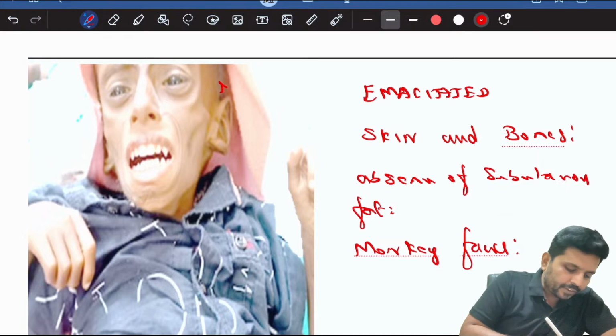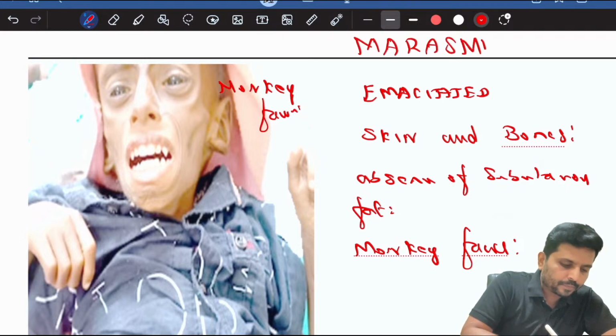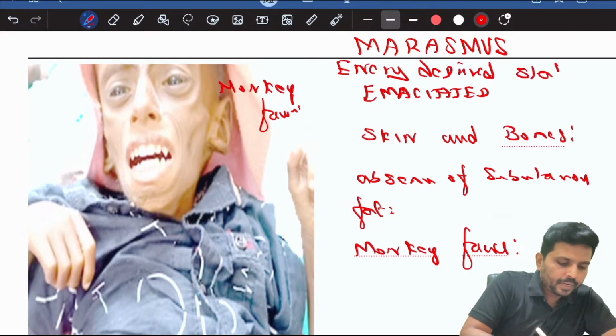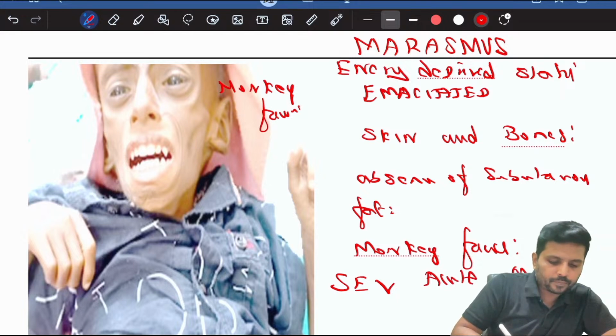This monkey facies occurs in a disease called what? Marasmus, which is mainly due to an energy deprived status. It is a form of severe acute malnutrition.